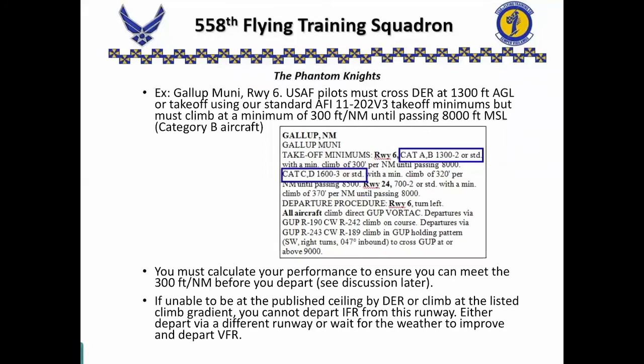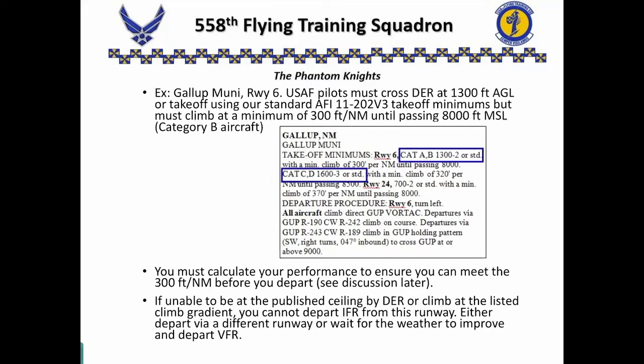Take a look at another way that our non-standard takeoff minimums could be written. This is at Gallup Muni in New Mexico, runway 6. It says for category A and B aircraft, the weather we need is a 1,300-foot ceiling and 2 miles of visibility to take off. But there's more verbiage after that now.